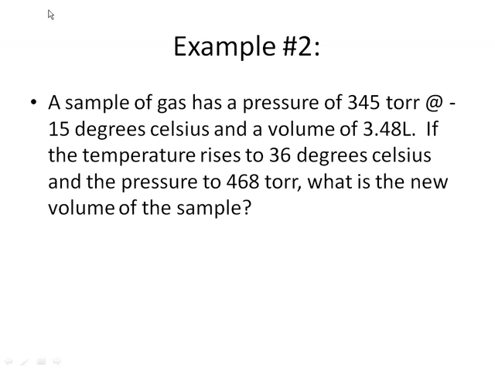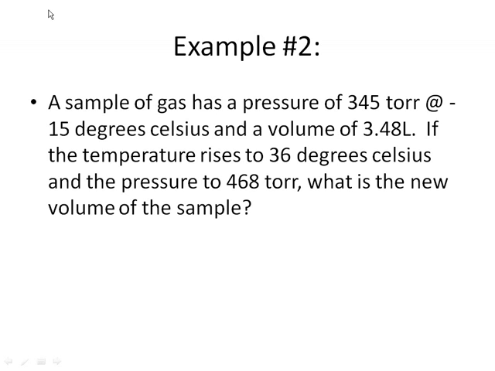Let's try another example. So remember I said there's 2 general ways that ideal gas law problems will be asked. We just did an example where we looked at a sample of a gas that was used in a chemical reaction. And we were given information about the gas and then asked about something else that was occurring in the reaction. The second type of ideal gas law problem that you would see is here in example number 2.